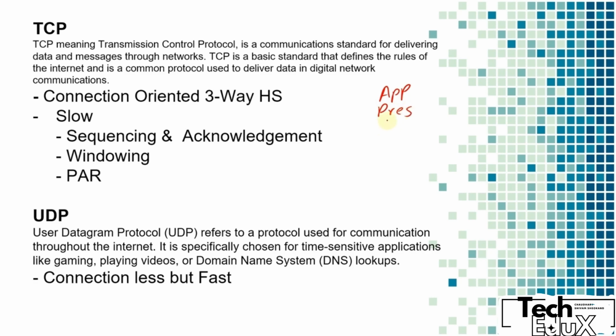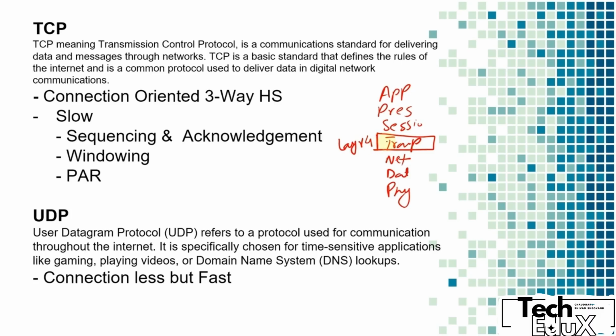So this is basically talking about what TCP is and what UDP is. If you are already familiar from your previous study, TCP and UDP reside at what layer? We have the application, presentation, session layer, then the transport layer, then the network layer, data link, and the physical layer.